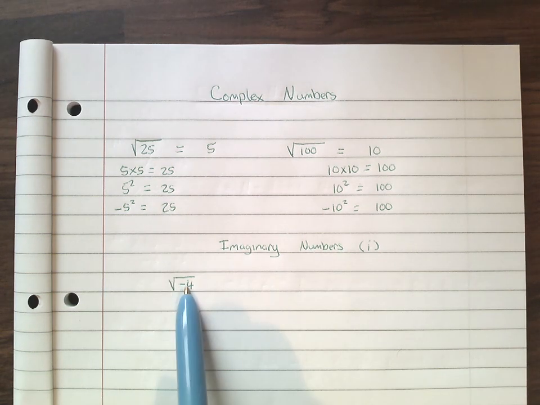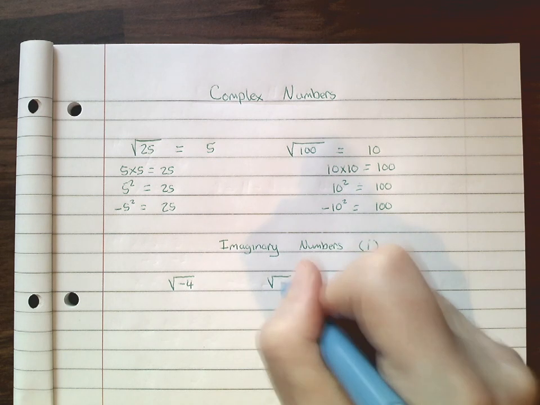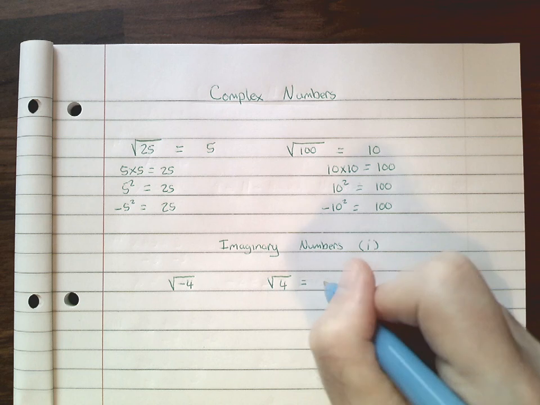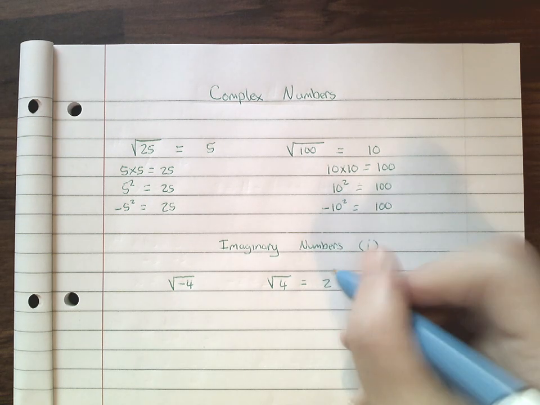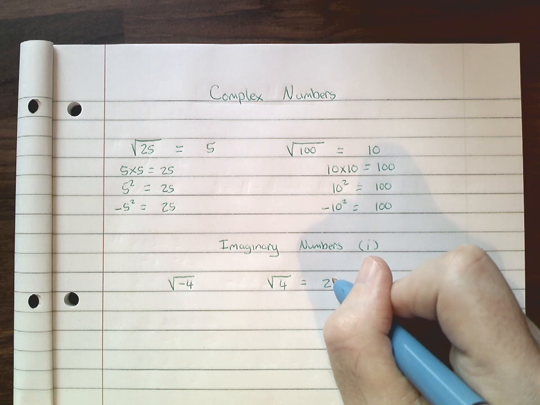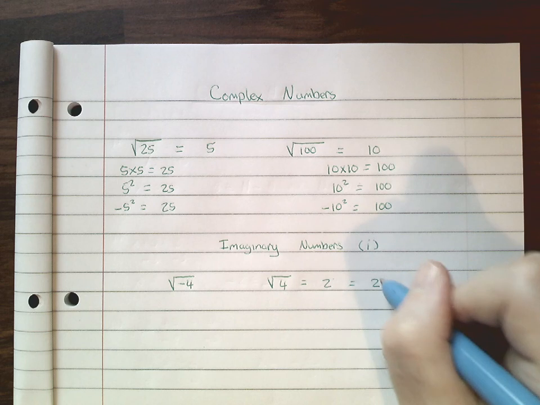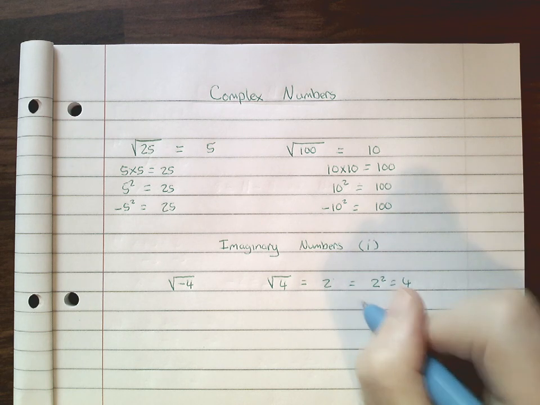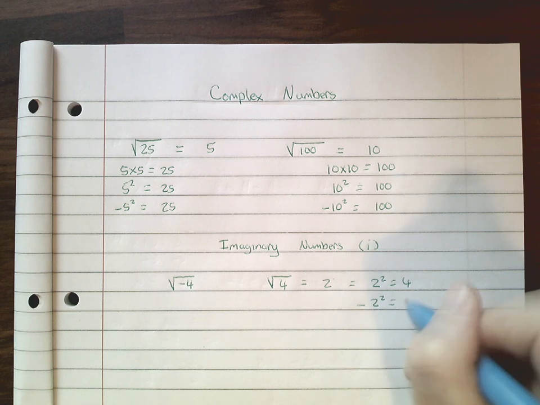If we just take the square root of 4, for example, it is equal to 2. But what's the square root of minus 4? It can't be 2, because 2 squared is equal to 4. And minus 2 squared is also equal to 4.